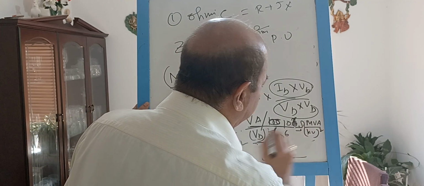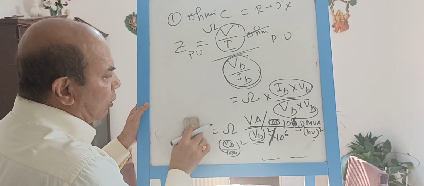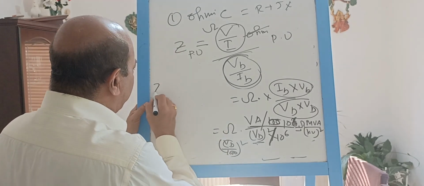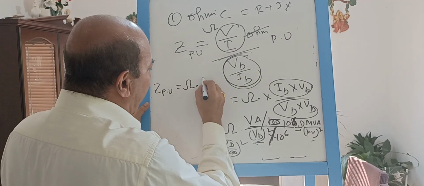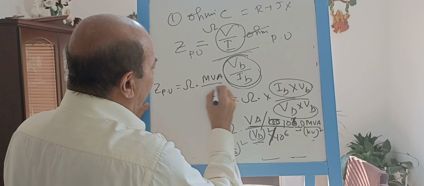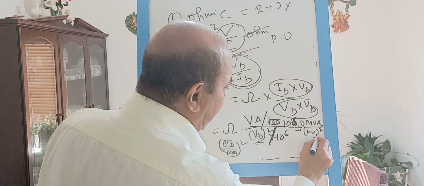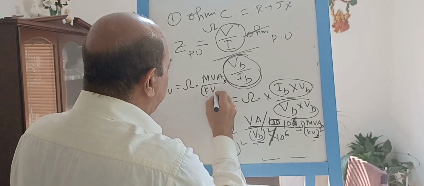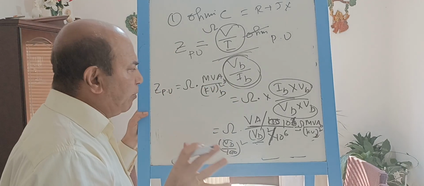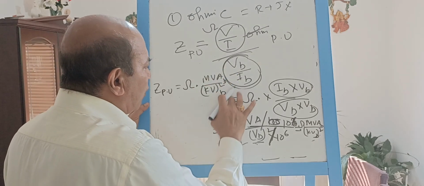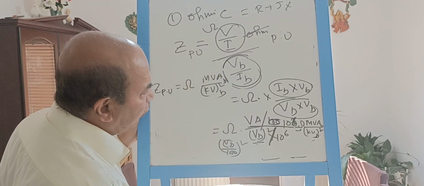This into ohm here. That means when we convert ohmic value to per unit value, what is the formula? Z per unit is equal to ohmic value into MVA by kV square. This MVA is the base MVA. We have to keep in mind, this is the base MVA and base kV square. If we consider this ratio, we can convert the ohmic value to the per unit value.